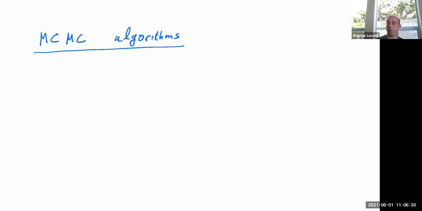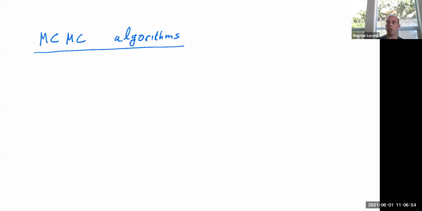The way we do this is first we find some initial object, and then we make local changes to get to a new object. If you do it enough times, this converges to a uniform object among our allowed objects. We've seen an example of a spanning tree, but other examples we're going to see are cliques or colorings of a graph.